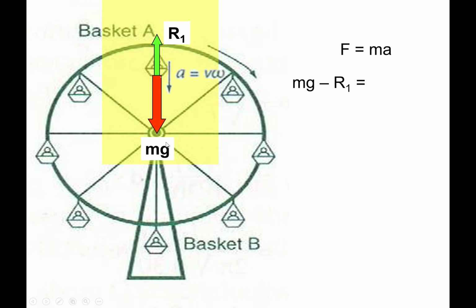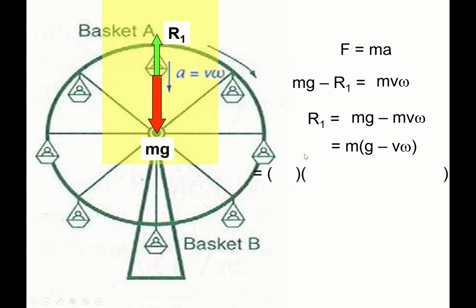So mg is positive, R1 is negative, and this equals m times the centripetal acceleration, which we choose as a equals v omega. Therefore, R1 equals mg minus m v omega. Factor out m: m times (g minus v omega).